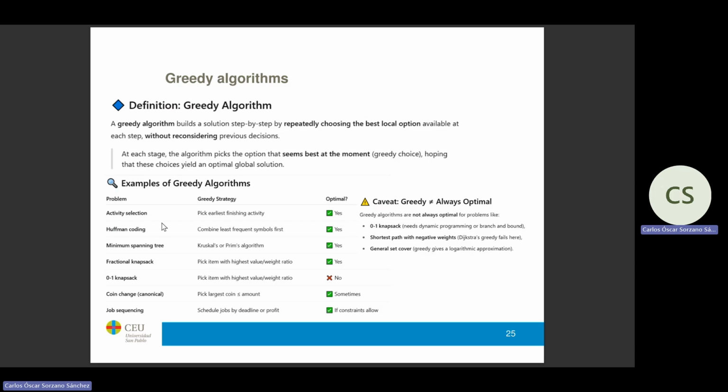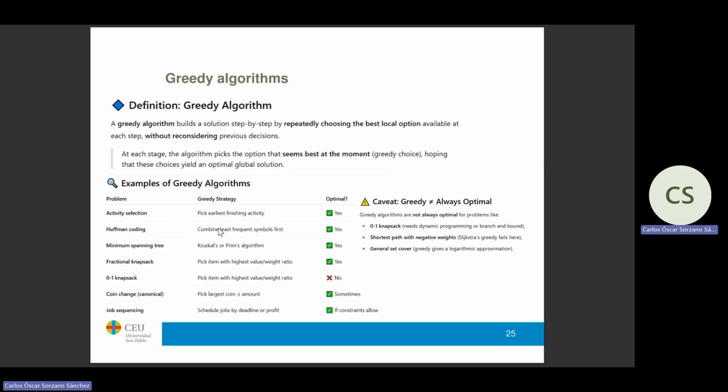And then Huffman coding. So Huffman coding, have you seen Huffman coding? No? So it is a way of compressing data. So you have a set of symbols to transmit or to encode, and which is the least amount of bits that I need to encode those symbols. And then it is this Huffman coding.